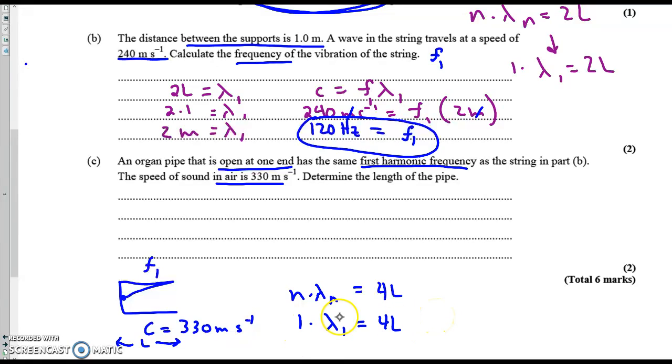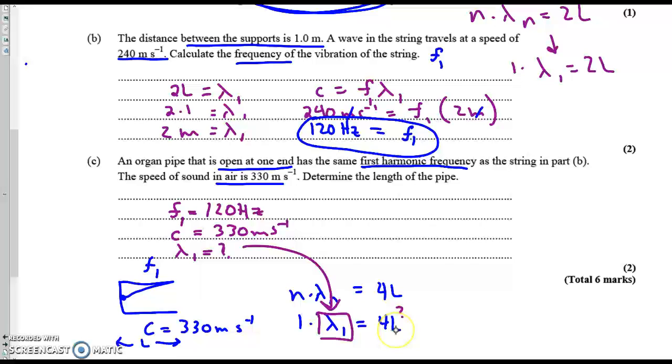We're looking for L, so if this is our unknown, we first must find lambda 1. f1 for the pipe is 120, because it's the same as this answer. We know c is 330. So we're looking for lambda 1 in order to plug that value in and calculate L.